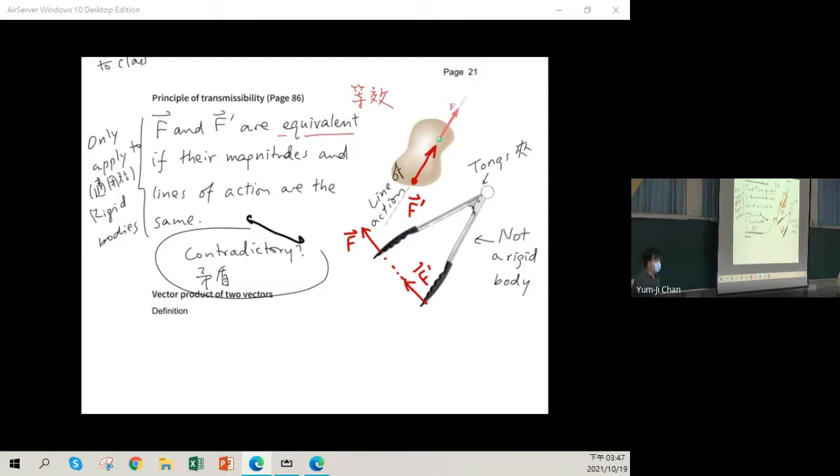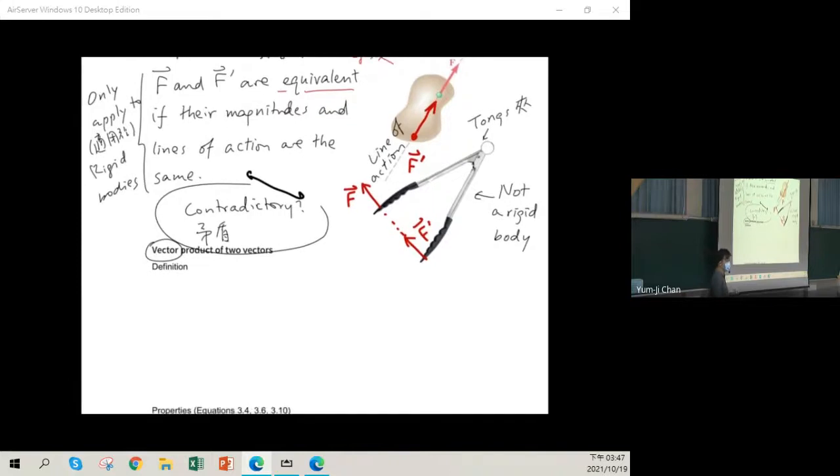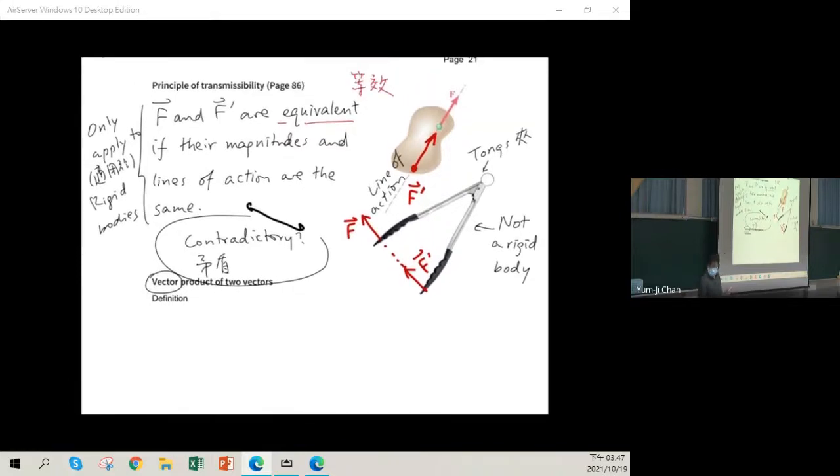Then we have the vector product of two vectors. I will write down the equations in the PDF file I will give you. So let's have a quick look.